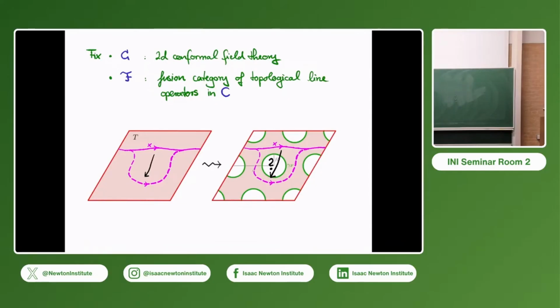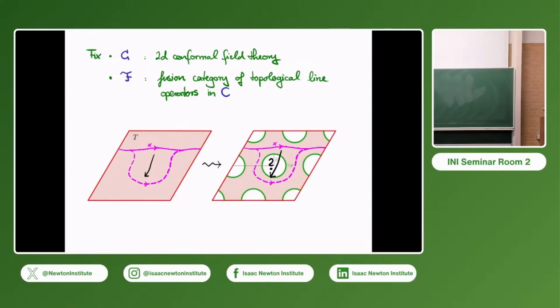So there's some anything region, maybe other field insertions, and I want to achieve that if I have my defect X, which passes above this area, I want to be able to deform it so that it passes below the area.